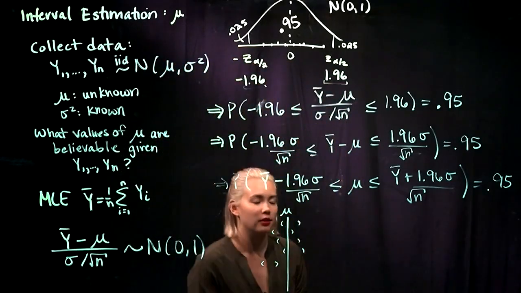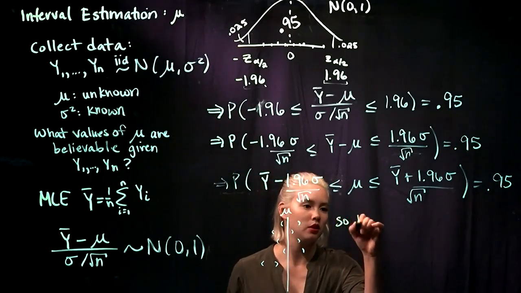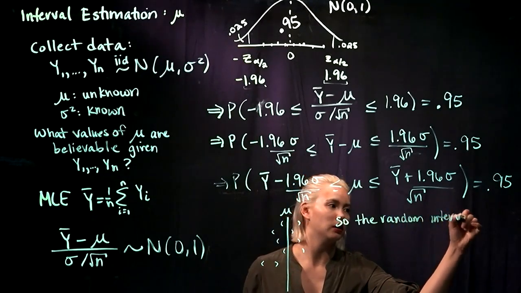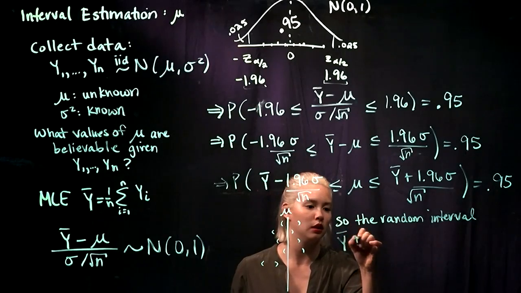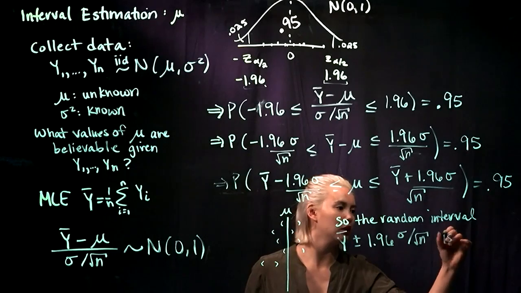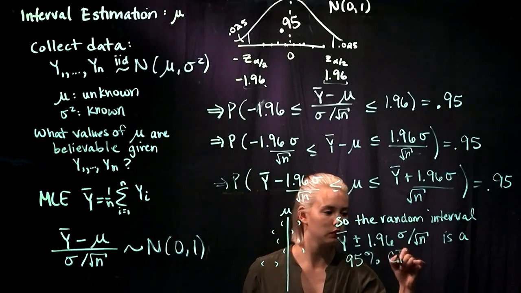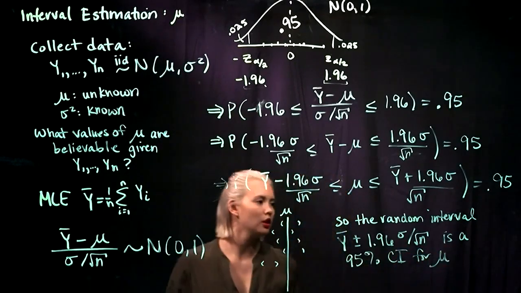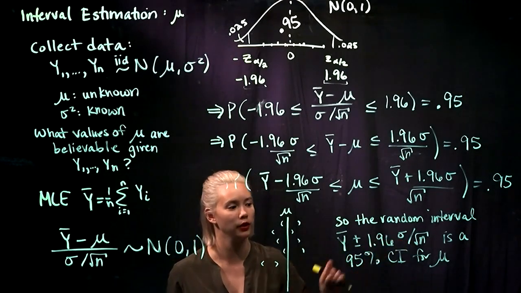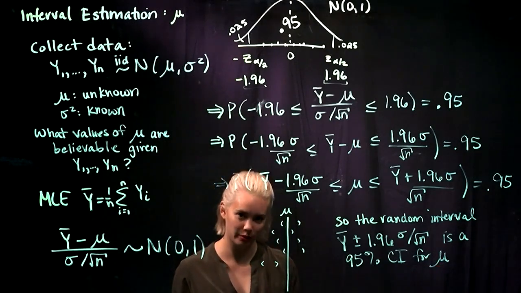All right, so let's write down what the confidence interval is. We have this random interval, which is y bar plus or minus 1.96 times sigma over root n. And that random interval is a 95% confidence interval for our parameter mu.